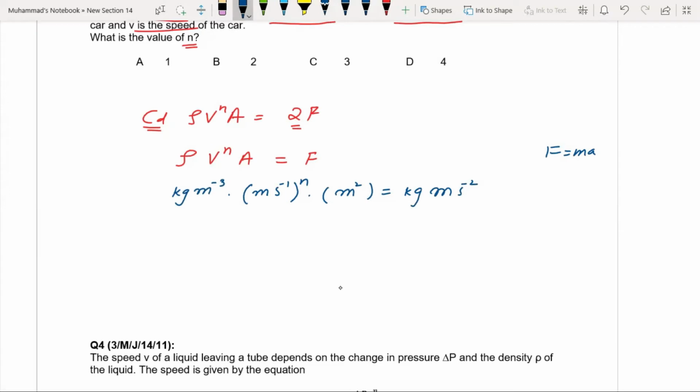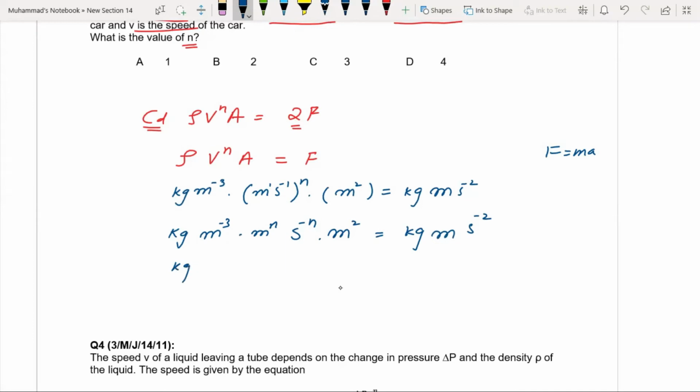You have to simplify the expression on the left hand side. kg appears once in the whole expression, and then m minus 3, and this m power 1 times n, and s power minus n times m square, equal to kg m s minus 2.